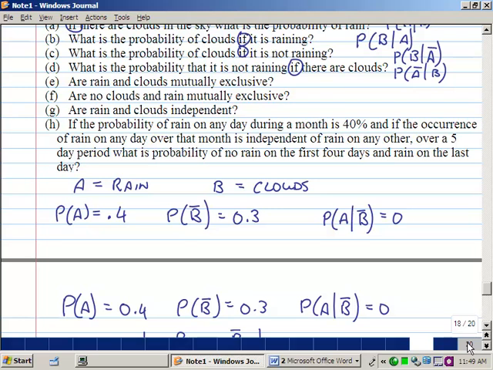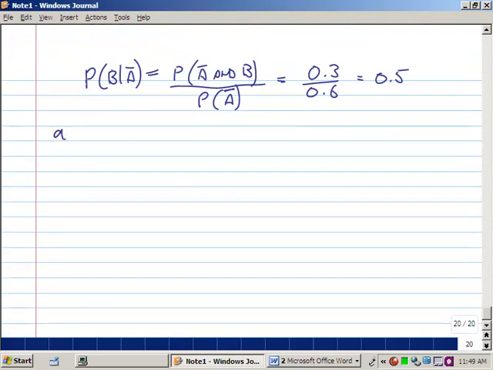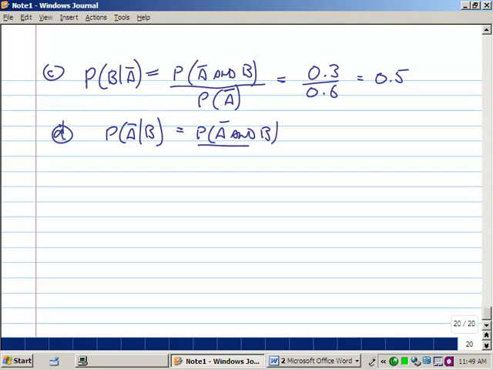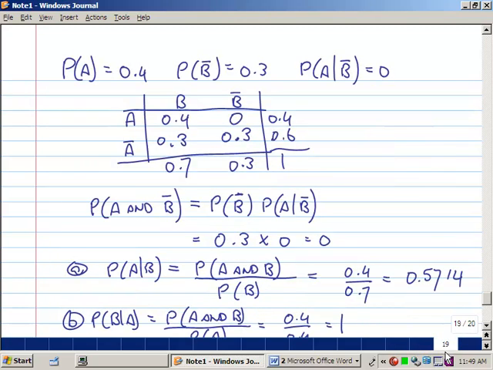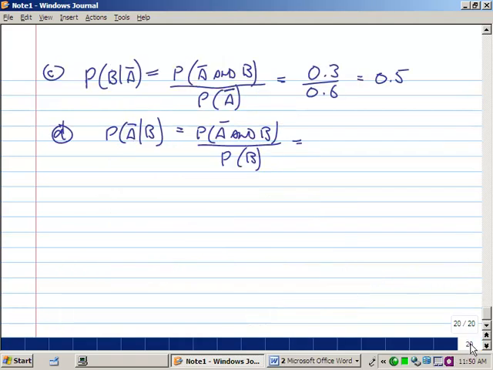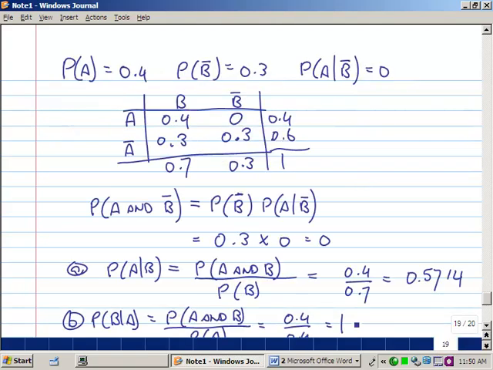So there's A bar given B. The probability of A bar and B divided by the probability of B. Going back to our table, A bar and B is 0.3, divided by the probability of B, 0.7.